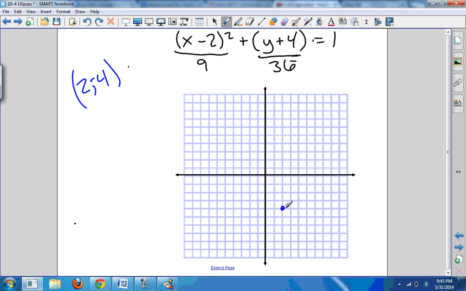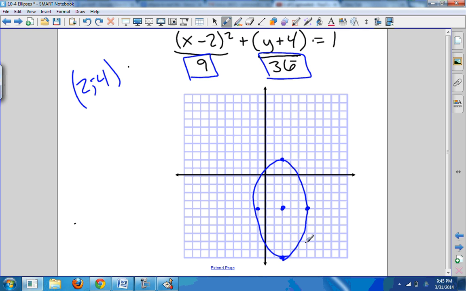My horizontal is going to be over 3 and over 1, 2, 3. And my vertical, I'm going up 1, 2, 3, 4, 5, 6, down 1, 2, 3, 4, 5, 6 to here, and here is my oval.